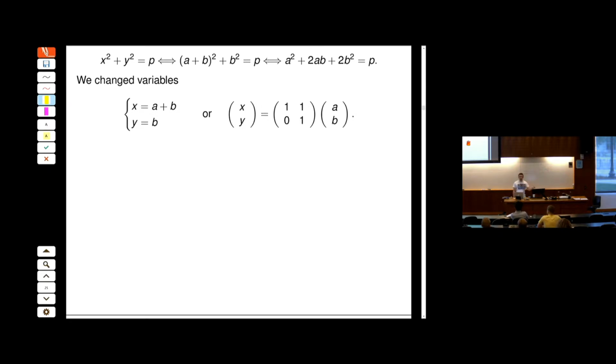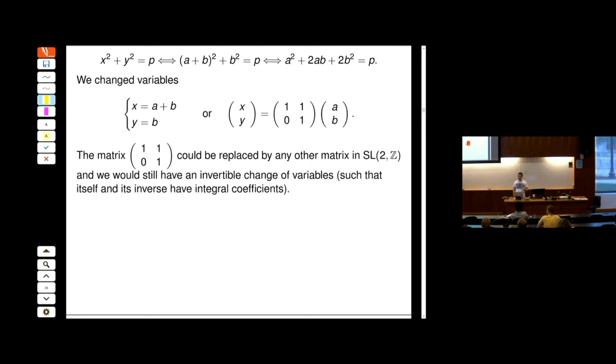It goes from integer coefficients to integer coefficients because the matrix is in SL2Z. It's a matrix of determinant 1, so the inverse has integer coefficients, and it also has determinant 1. So if I replace that matrix by any other matrix in SL2Z, I will have another change of variables that will bring me to another quadratic form that will represent the same primes.